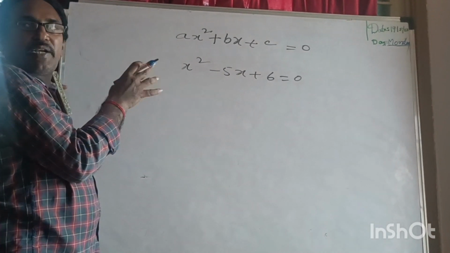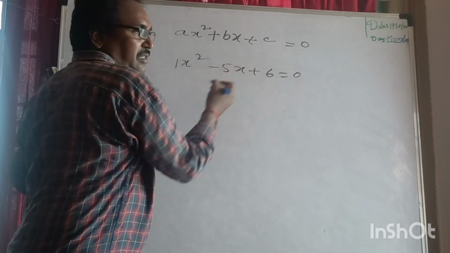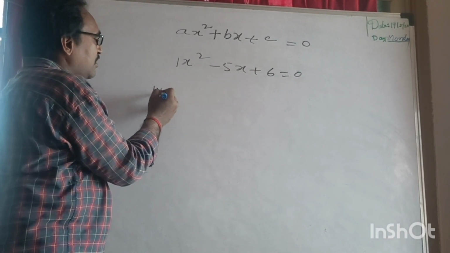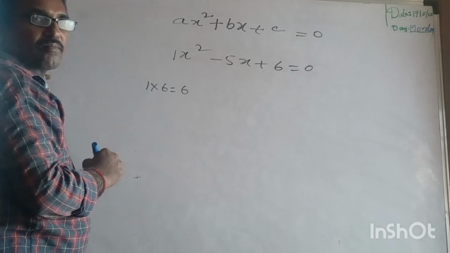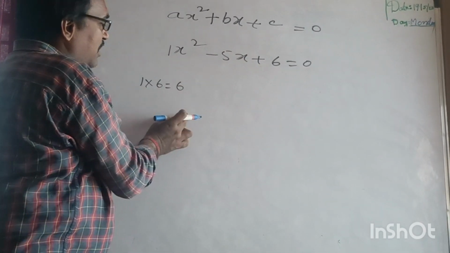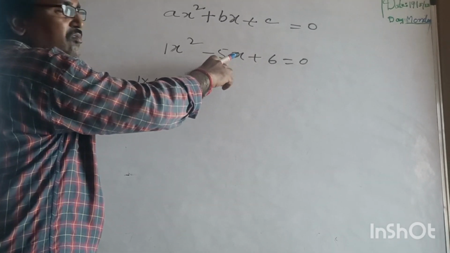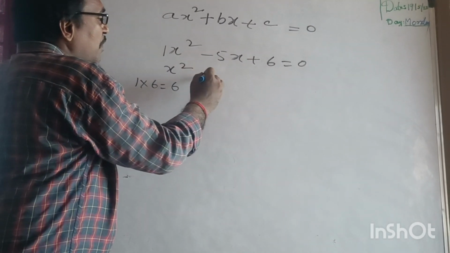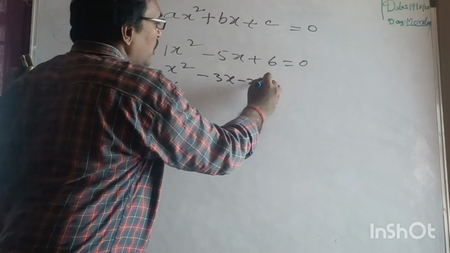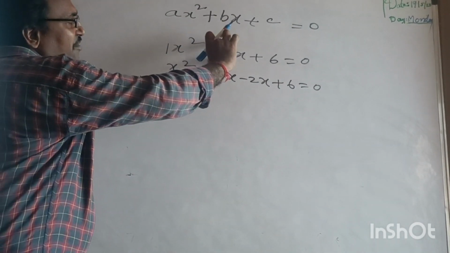Here the coefficient of x square is 1 and the constant is 6, so 1 into 6 is equal to 6. This middle term should be split into two parts such that the product is equal to 6 and the sum is equal to minus 5. So x square minus 3x minus 2x plus 6 is equal to 0. What did I do? This minus 5x I have written as minus 3x minus 2x.